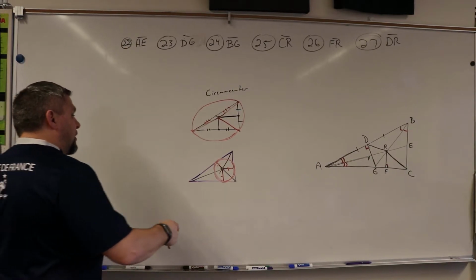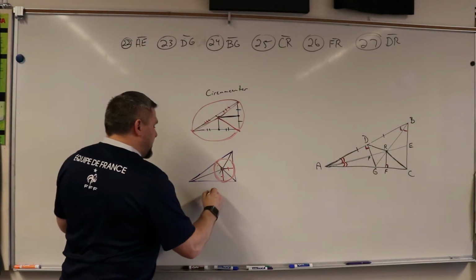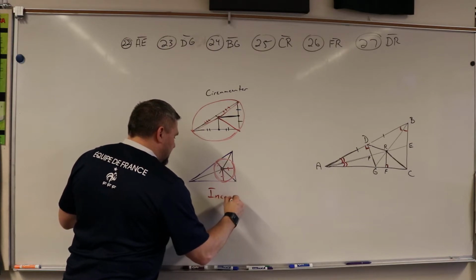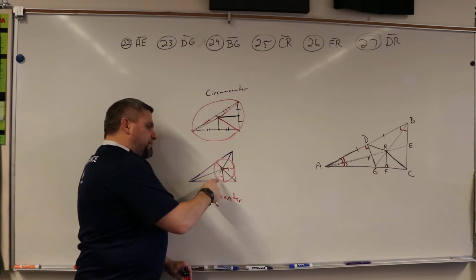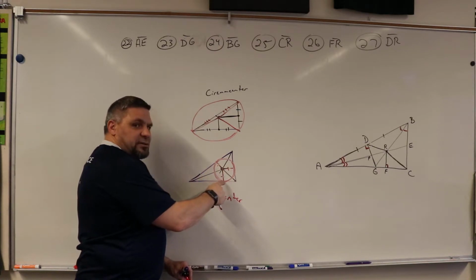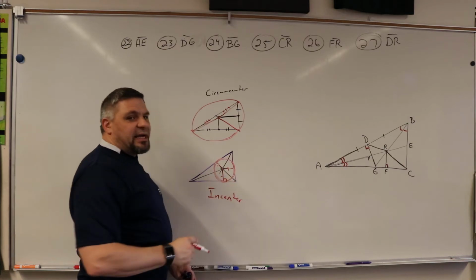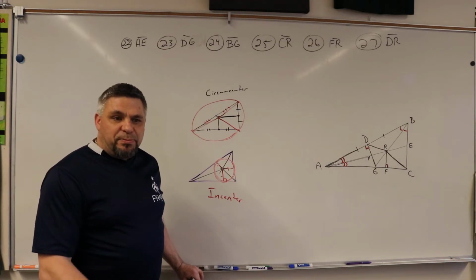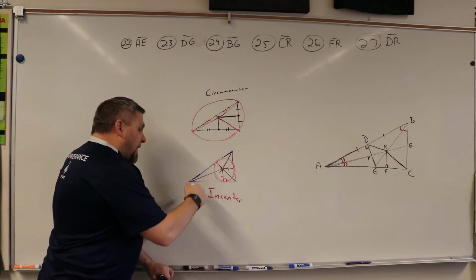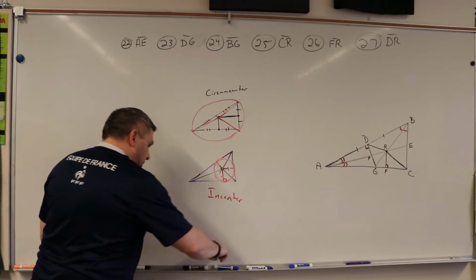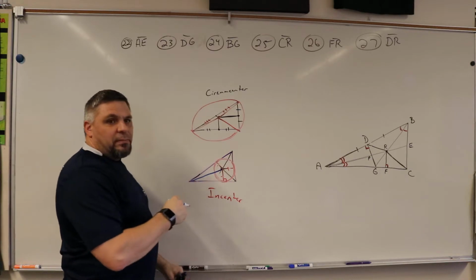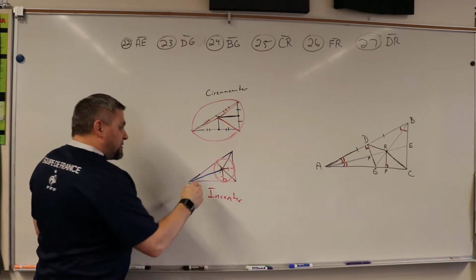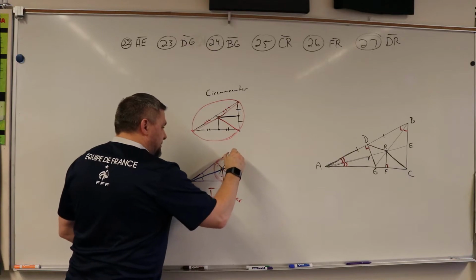Okay? So the two different things is with an incenter, you have these which are perpendiculars, but they're not bisectors. They're just perpendiculars, right? And you have these which are bisectors of an angle, so they bisect these angles.